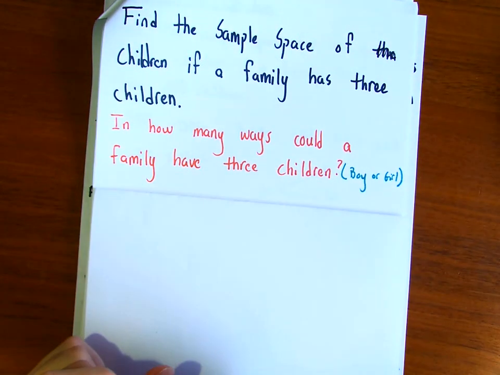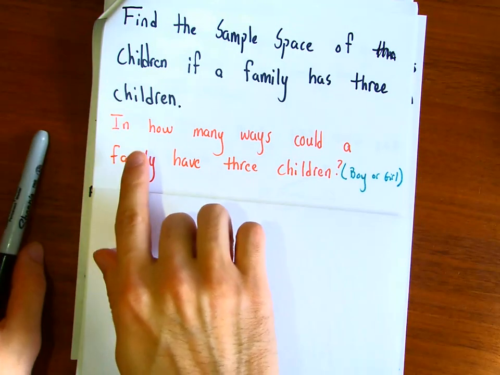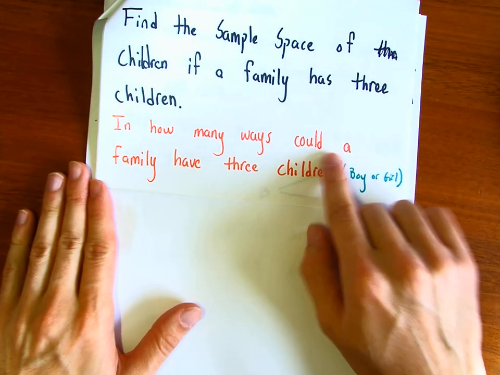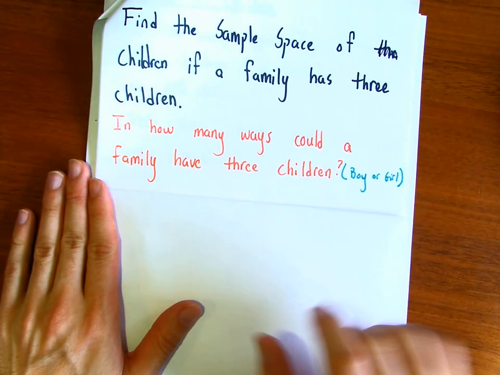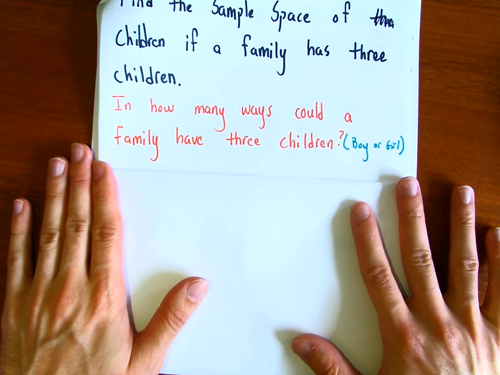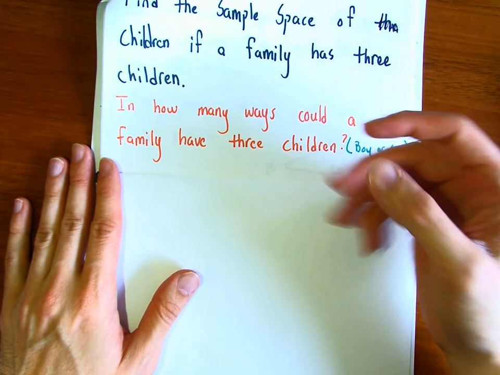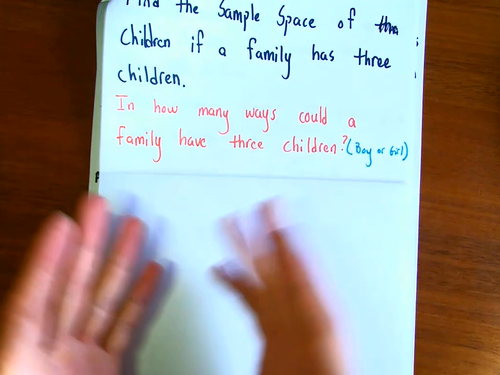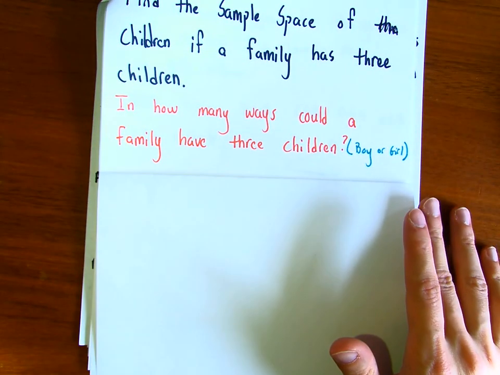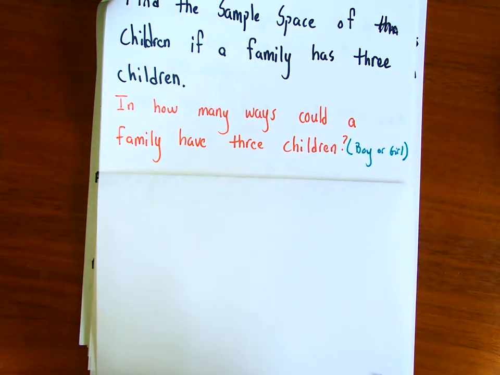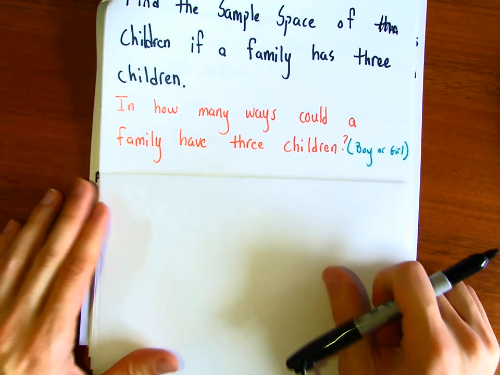So what does this mean? I'm just basically asking you, in how many ways could a family have 3 children? Okay, so imagine you have your significant other and you want to have 3 children. In how many ways could you have those children? So what I want you to do is pause the video and think about it.